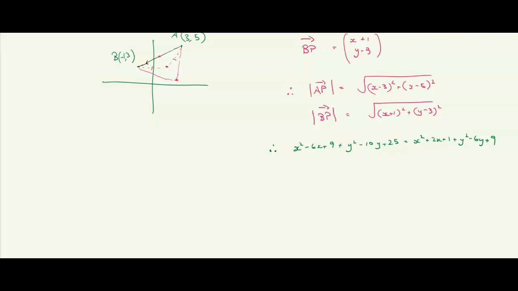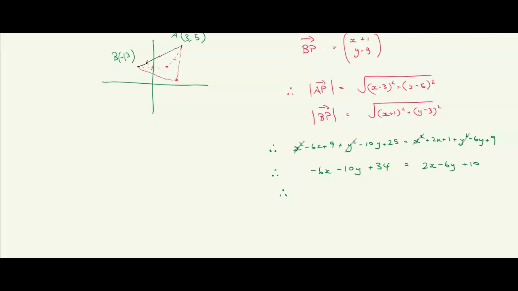This monster. There's going to be some cancelling going on here. I've got an x squared and an x squared, a y squared and a y squared. So I get negative 6x minus 10y plus 34 equaling 2x minus 6y plus 10.